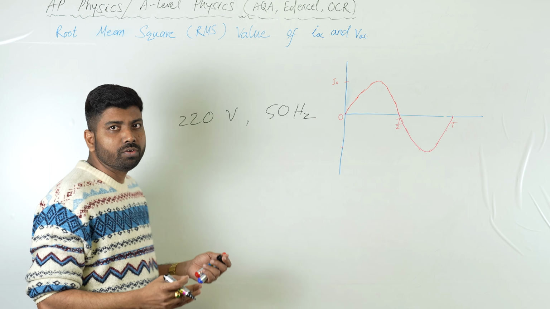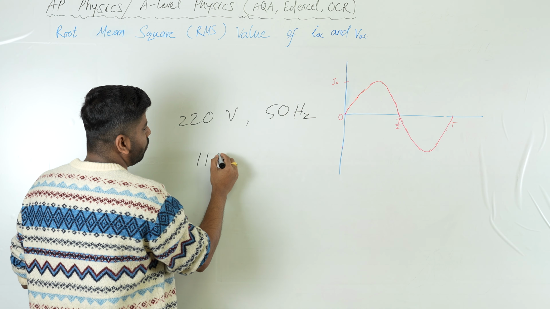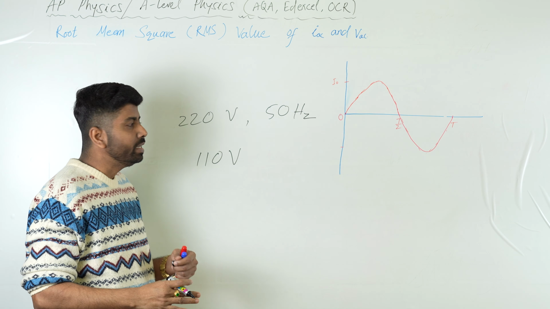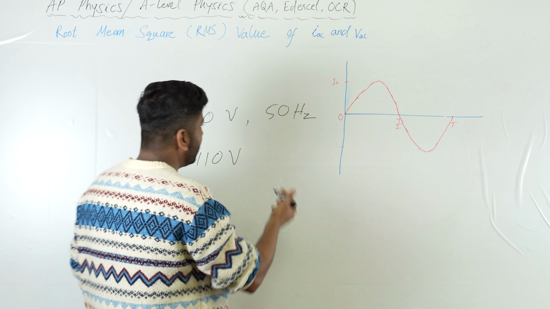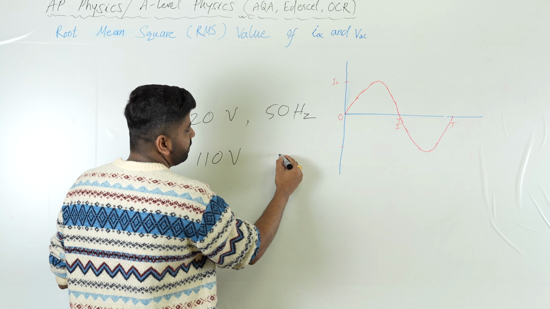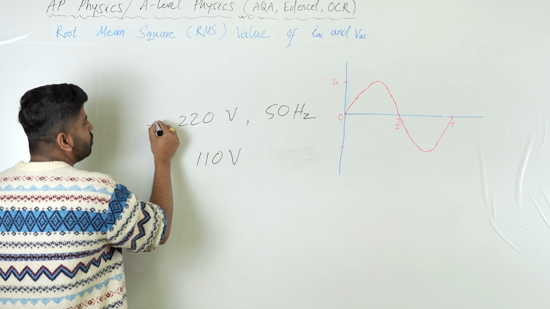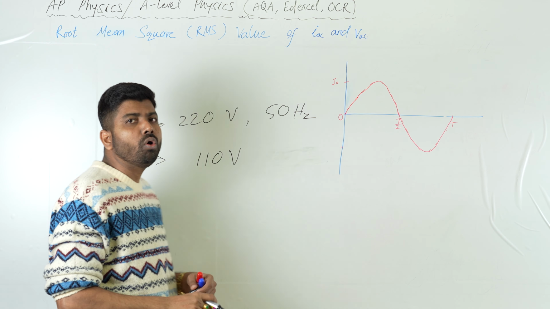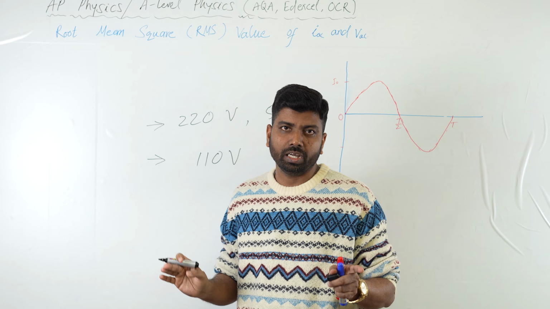Maybe in America it is 120 volt, or in Europe it may be sometimes more or less, but the frequency is always either 50 hertz or 60 hertz. Do you think this value is the peak value or the RMS value? This is the RMS value, not the peak value.